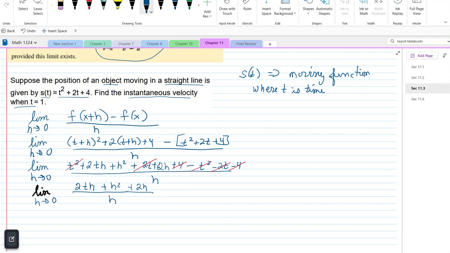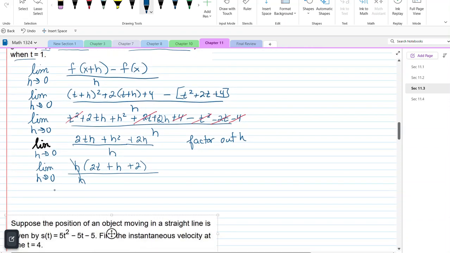Now we're going to factor out an h. Always, always, we're supposed to factor out h. Limit as h approaches 0 of h times 2t plus h plus 2, divided by that h. So we don't have to worry about the 0. Now we take the limit, and we end up with 2t plus 2.